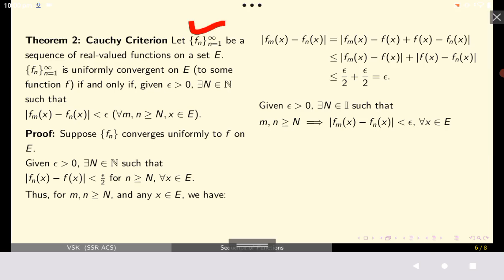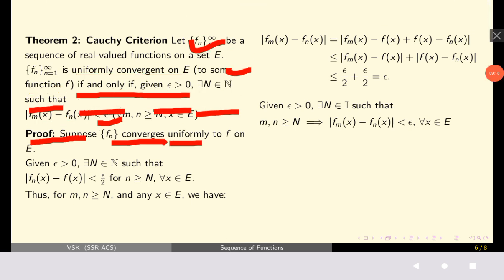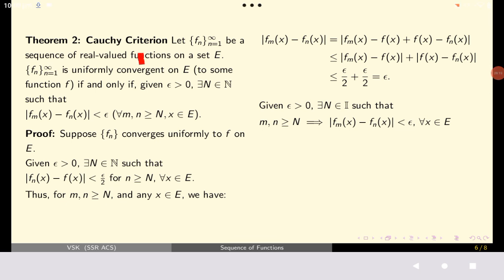Let f_n be a sequence of real valued functions defined on E. Then f_n converges uniformly on E to some function f if and only if, given epsilon greater than 0, there exists some N such that |f_m(x) - f_n(x)| is less than epsilon for all m, n greater than or equal to N and x belongs to E. So we have to prove that f_n converges to f uniformly if and only if this condition is met. Let us suppose first that f_n converges uniformly to f on E.